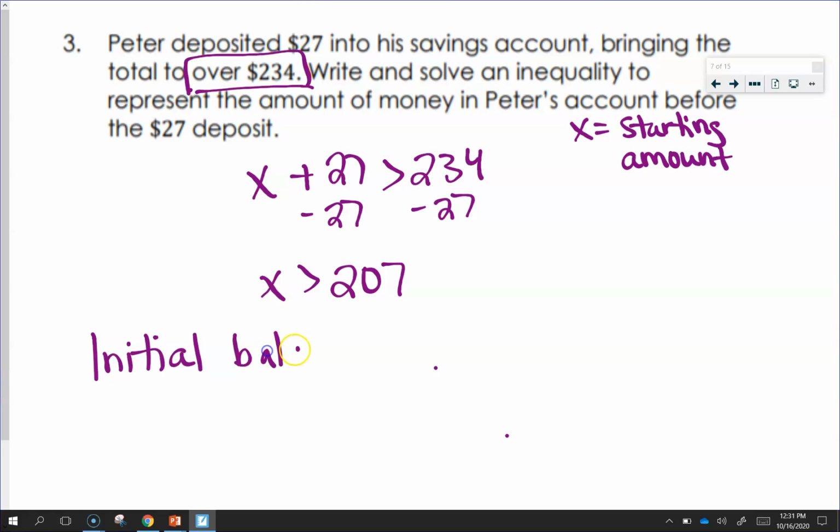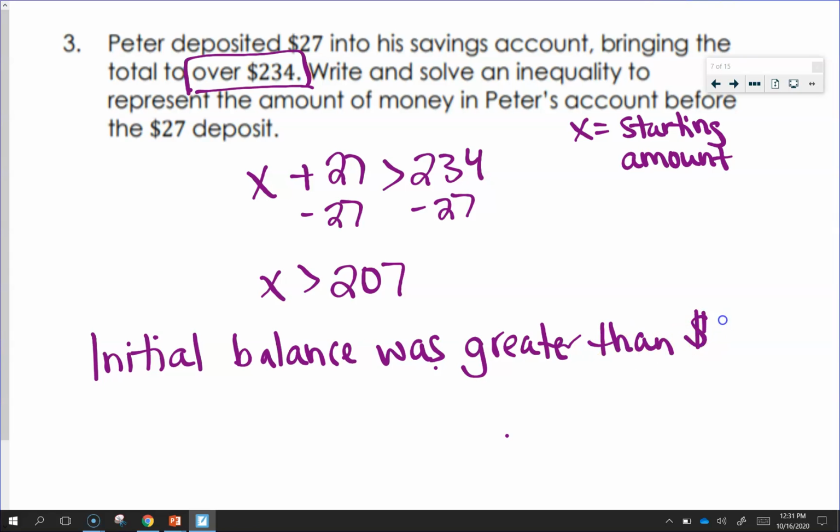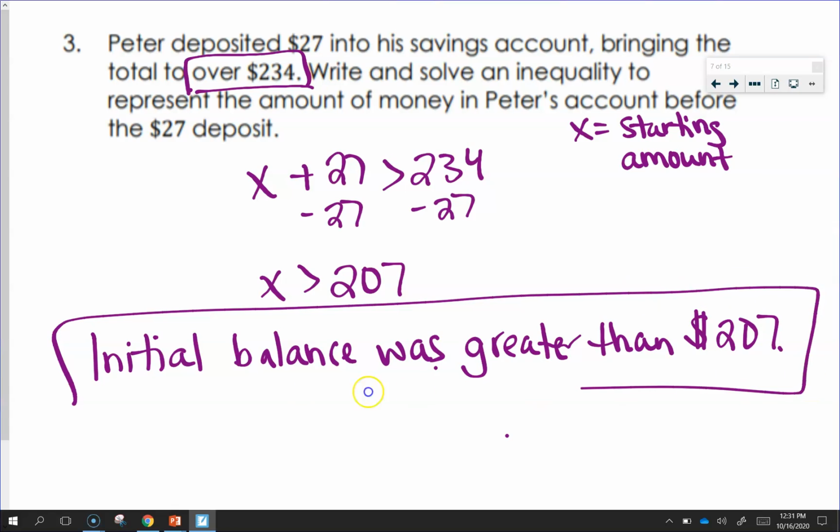Initial balance was greater than $207. Yeah? This does not have beat the test, correct? No. Okay. There's no beat the test for this one. Questions on this? No? Okay.